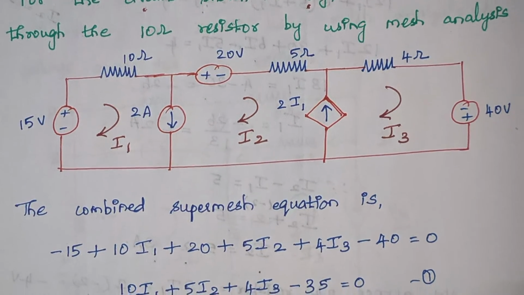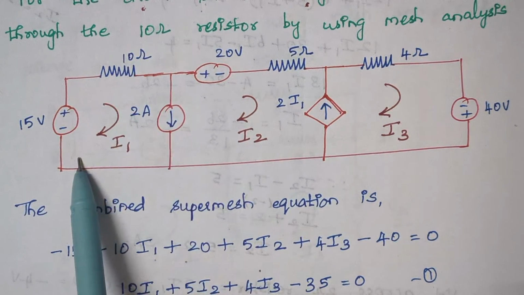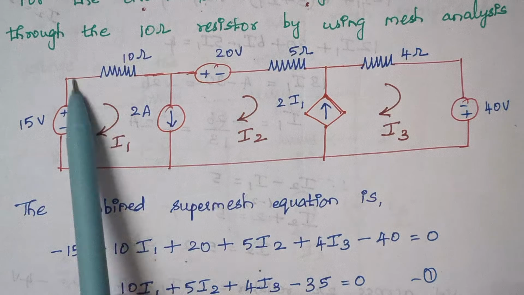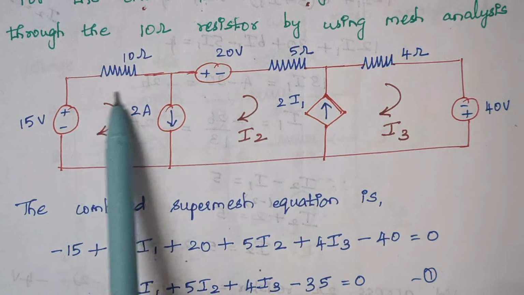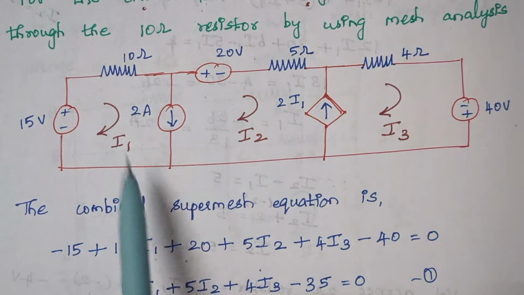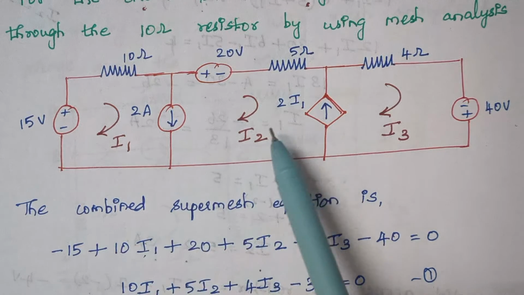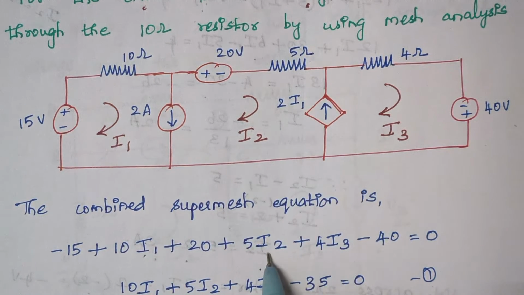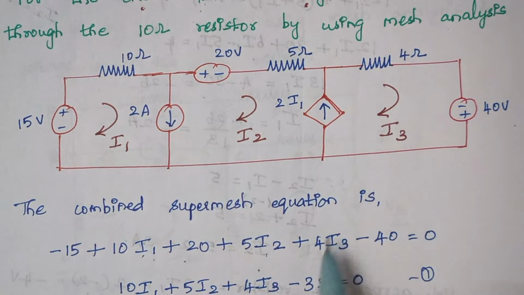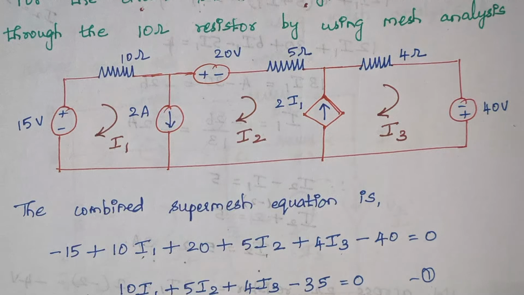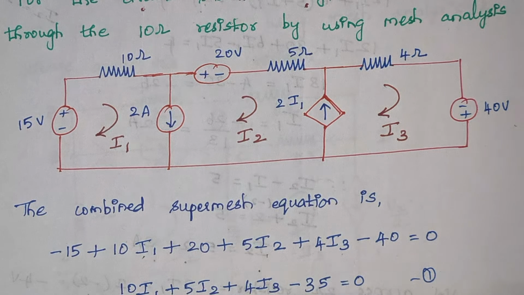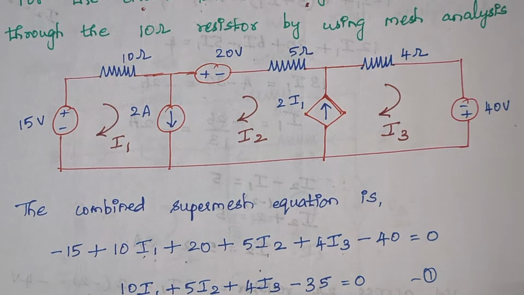I am starting with this loop. The voltage drop across the resistor, with the current flowing through the first loop being I1, is 10 into I1. In the second loop it is 5 into I2, and in the third loop it is 4 into I3. Now we are going to write the respective voltages.